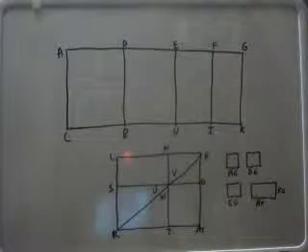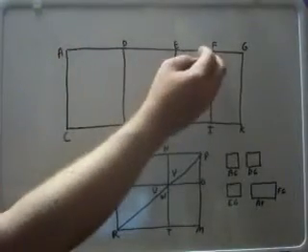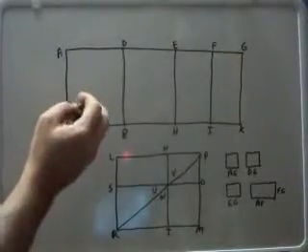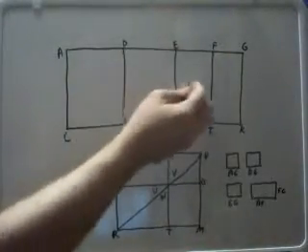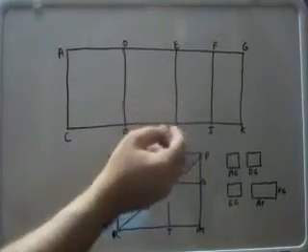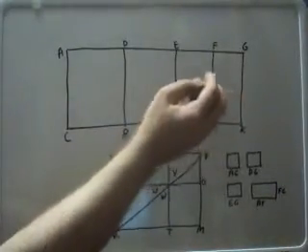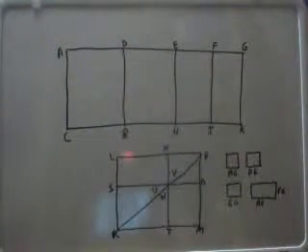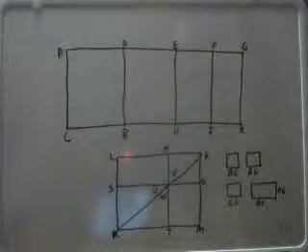But as AF is to EG, as this is to this, so is AI to EK. So this whole area here is to this whole area here. So you're forming a ratio.